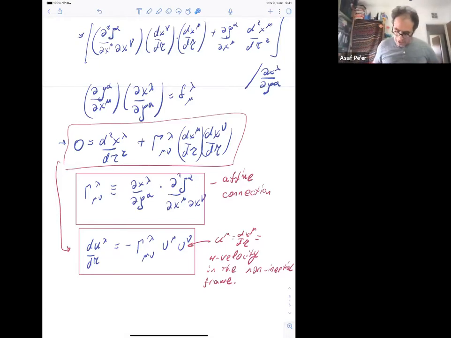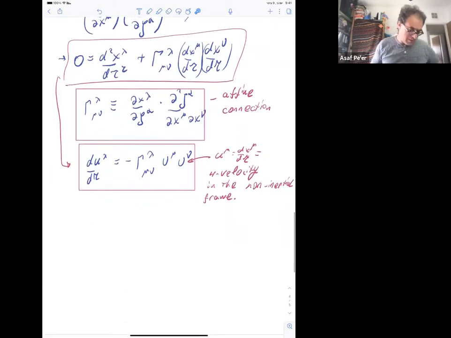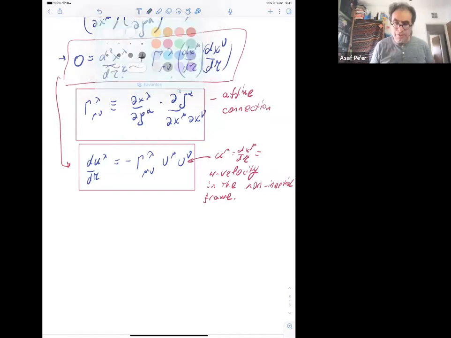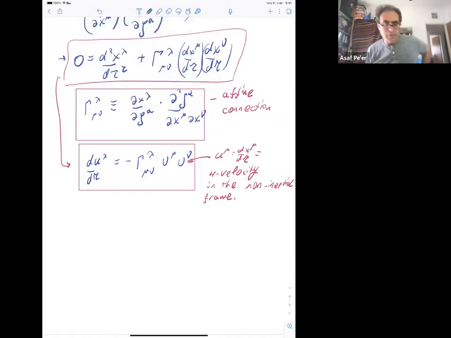This is pretty much as far as we did last time. I think the last thing I did was just to say, okay, if this was for a massive particle. Of course, if we were talking about a massless particle, such as a photon, then it will be exactly the same, but I cannot use tau as a parameter specifying the path because d tau is always 0. So rather than tau, I'd have to use some other parameter characterizing the trajectory or the path of the photon.